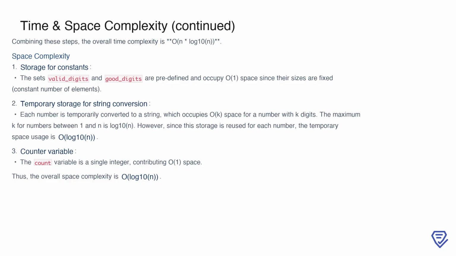The maximum value of k, for numbers between 1 and n, is log10 n. However, since this storage is reused for each number as the loop progresses, the temporary space usage is limited to log10 n. Finally, we have a counter variable that tracks the count of valid rotated digits. This is a single integer and requires O(1) space. Adding these together, the overall space complexity of the solution is log10 n.